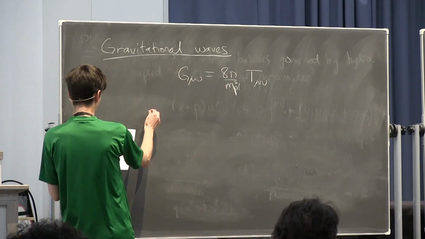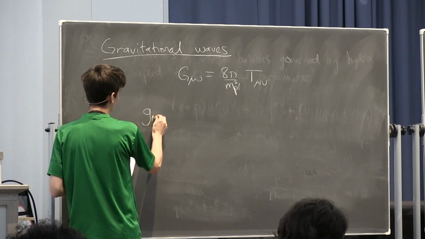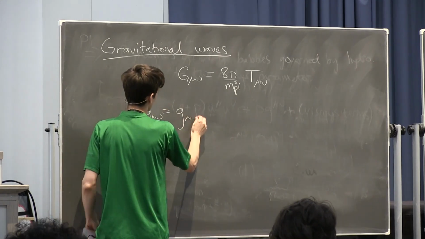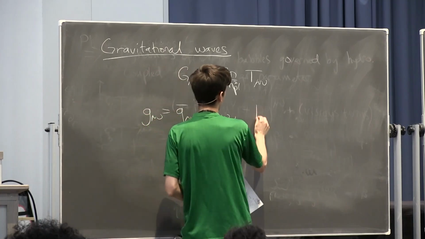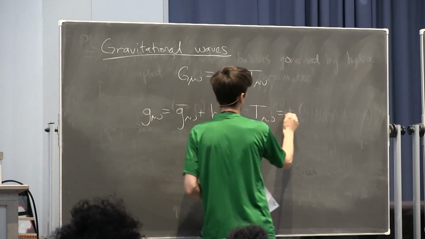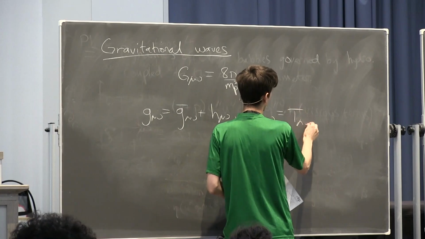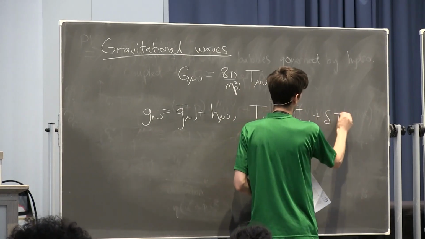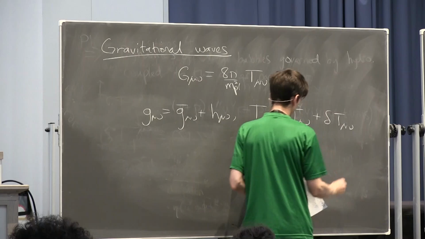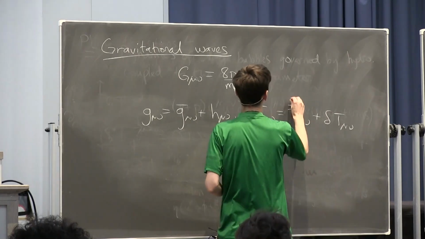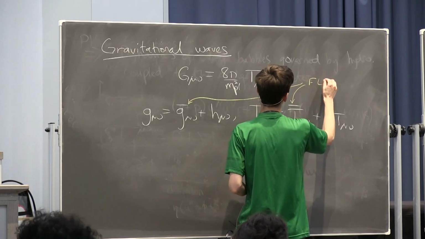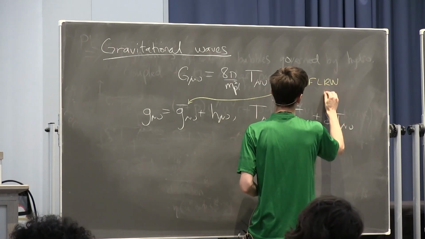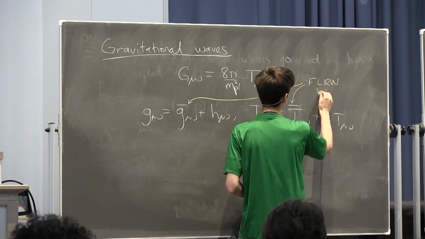So if we have a perturbation to the metric, and a perturbation to the energy momentum tensor, where the background will typically be an FLRW kind of background.